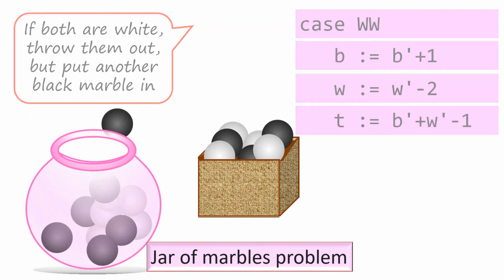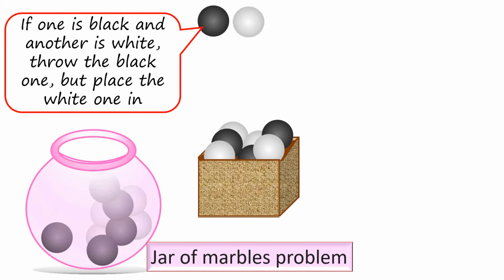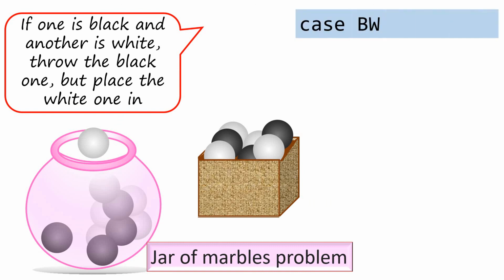The last possibility is if one is a black marble and another is white, throw the black one but place the white one in. This is case BW. Since I have thrown the black one, B will decrease by 1 and W will remain the same because I have put back the white marble.